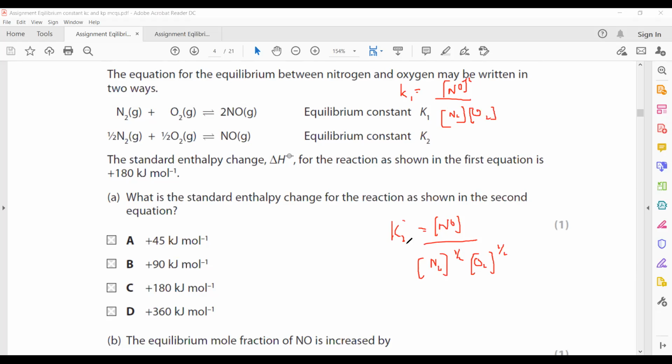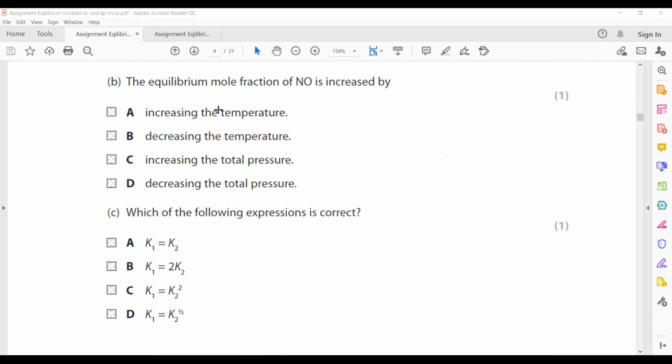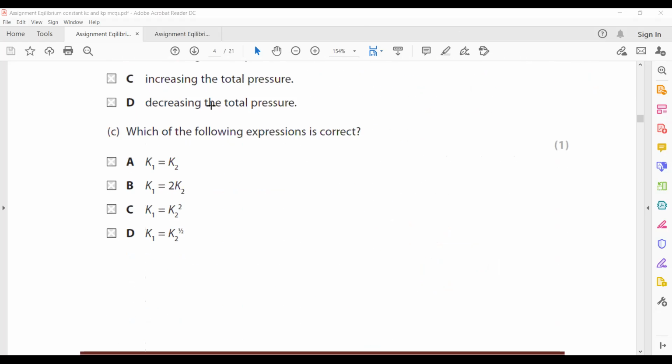If I square both sides, this expression turns into this one. So it means K1 is equal to K2 square. It's a power, not the coefficient. That's why B cannot be an answer. Is it clear?